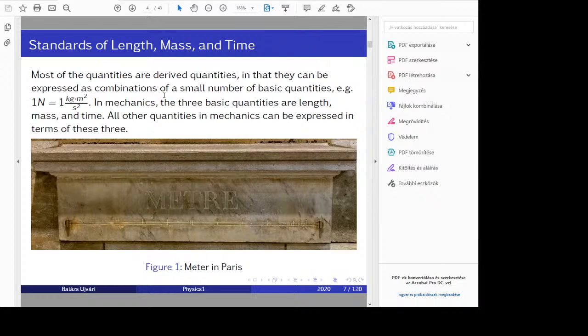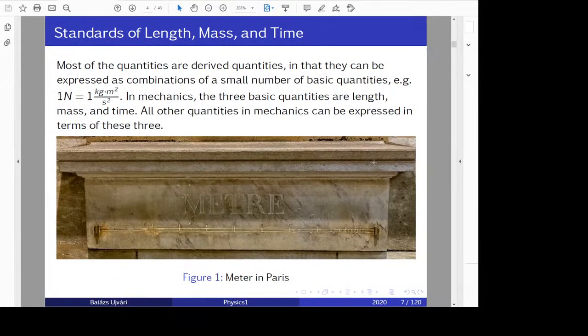Of course, at that time, you had to go there, bring your own rod, and make the scratches that represented the meter. That was not precise enough.